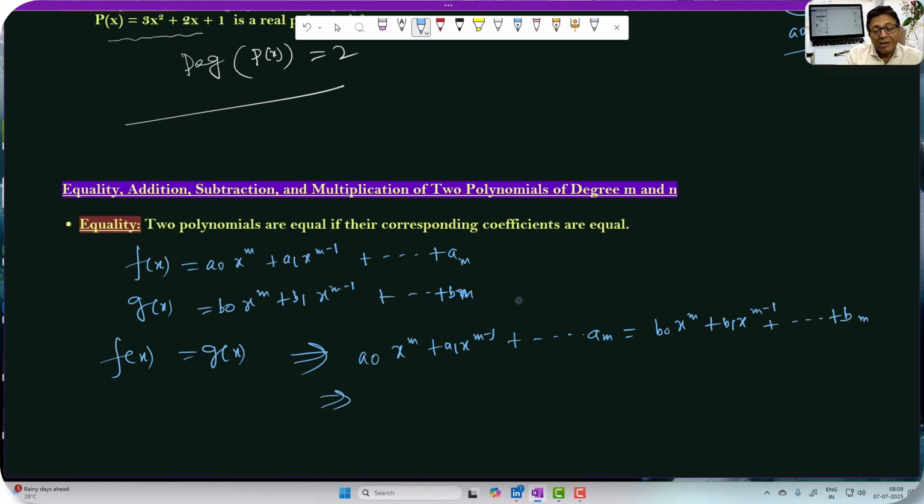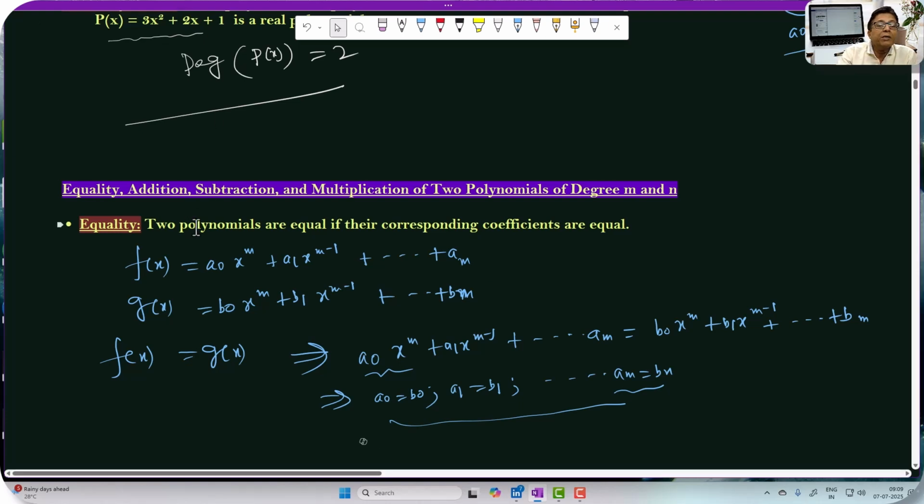This will imply that if you compare these two, a0 is going to be b0, a1 going to be b1, and am going to be equal to bm. So two polynomials are said to be equal if their coefficients are equal, and the most important condition is that they must have the same degree.